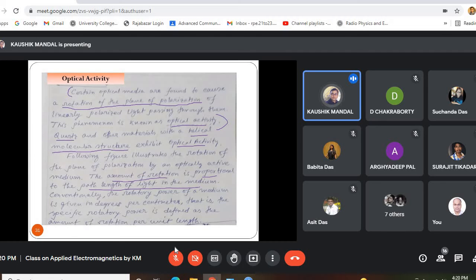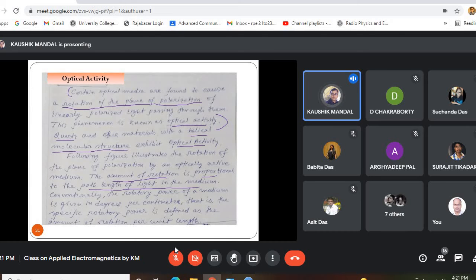On this, your amount of rotation of the plane of polarization will depend. We can measure this amount of rotation in terms of degree per centimeter, or degree per unit length covered by the wave in the corresponding medium.